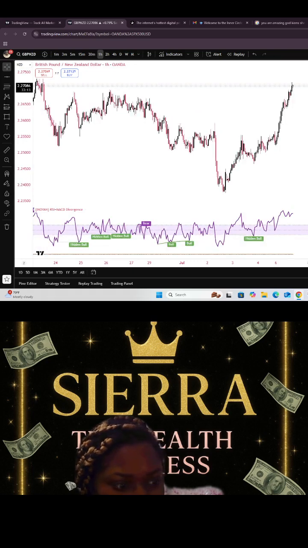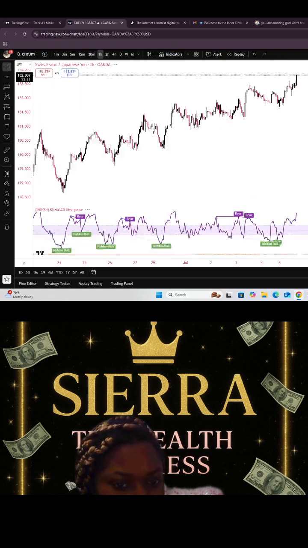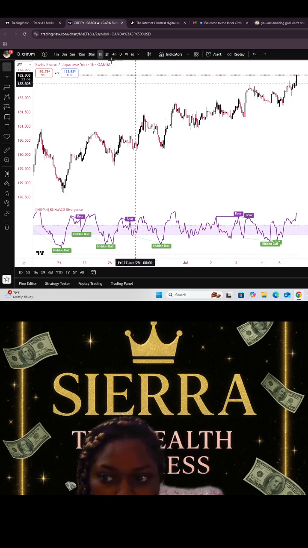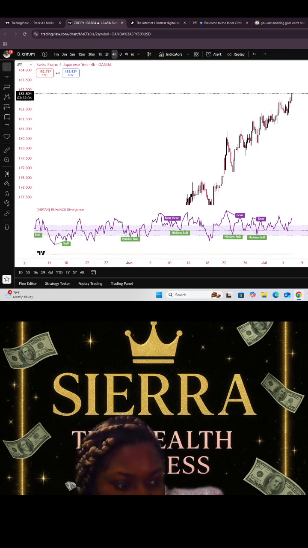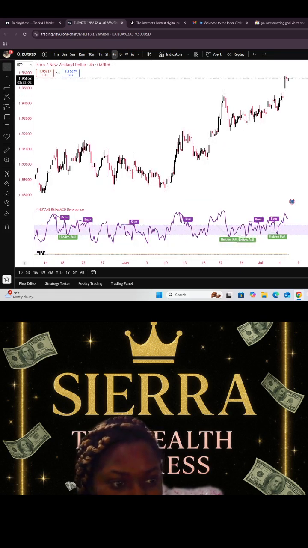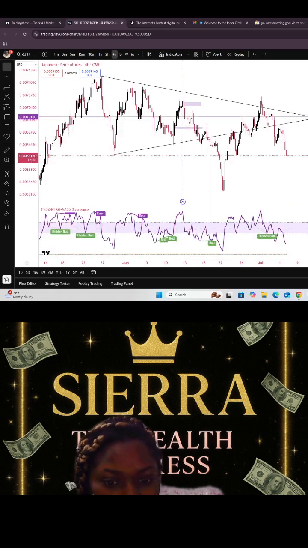Okay. Let's see what else is going on. JPY pairs wasn't planned. I don't know if you guys were here last night, but I was telling you that you can look at the futures pair to compare to the currency pairs. And this one right here is the Japanese yen.